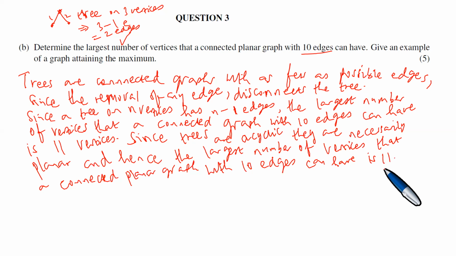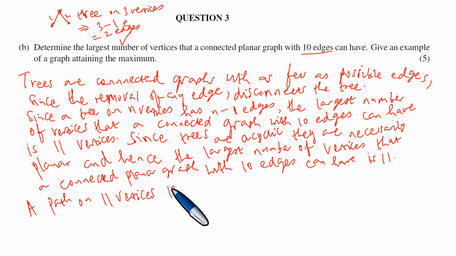We make a couple of observations about this. For instance, you can draw a path. A path on exactly 11 vertices is an example of such a tree.